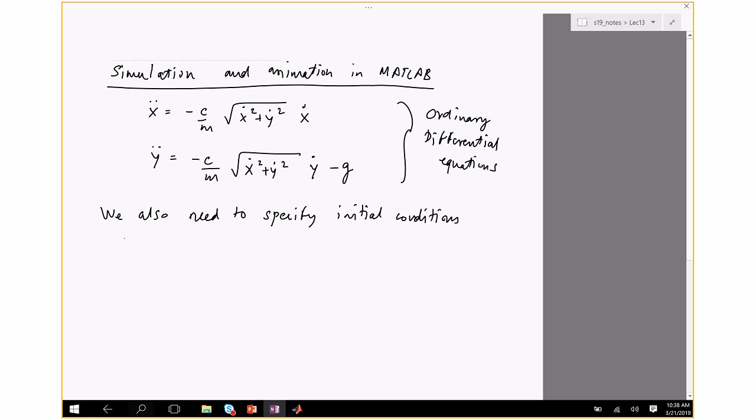So at time t equals 0, x0, y0, x dot 0, y dot 0 are given, where the zeros indicate the time, the x y indicate the position of the particle, and x dot y dot indicate the velocity.